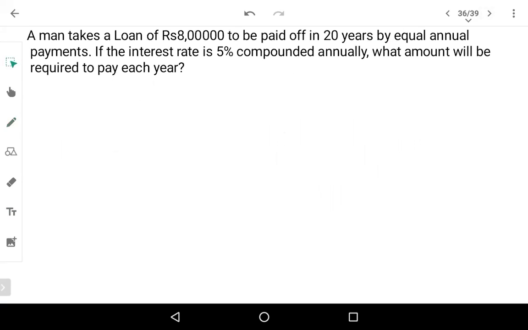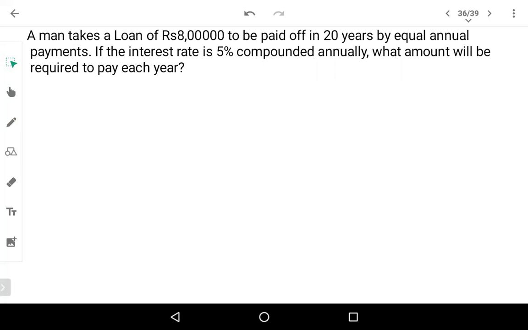If the interest rate is 5% compounded annually, what amount will be required to pay each year? So they're asking us to find out the EMI, or how much is the payment that we are supposed to make every year.